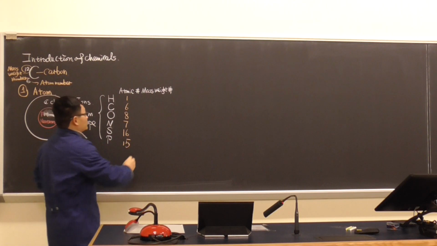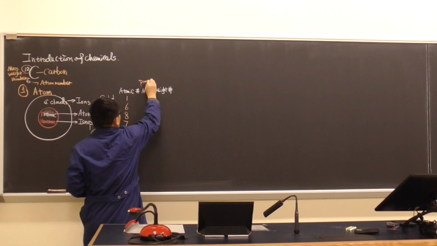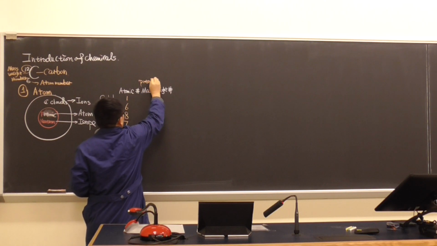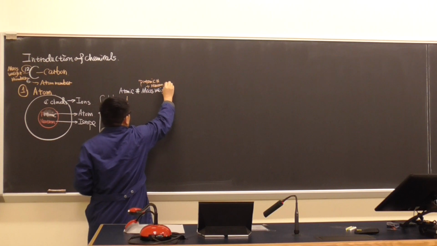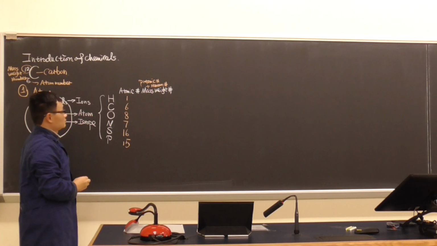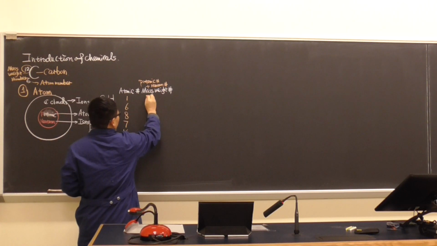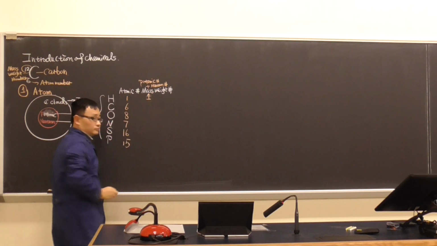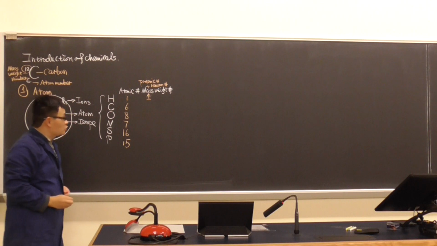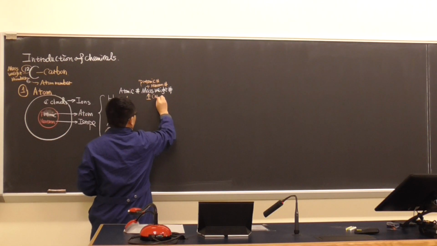Now, what is the mass weight number? That's the protonic number added with the neutron number. Okay, what is this one? This is 1, is that right? Because for hydrogen, there is no neutron.